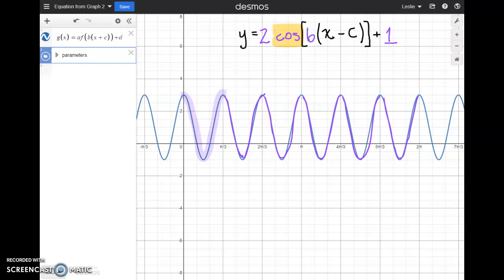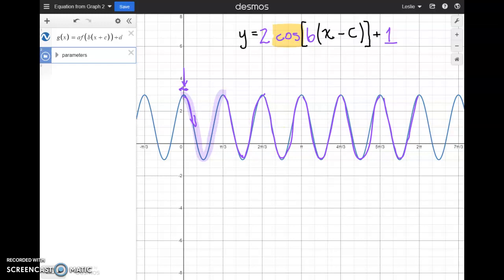And the C value is actually pretty easy in this case too, because looking at this graph, you can see that I have shifted to the right or to the left 0. I'm starting right at x equals 0 for my first cycle of cosine. When I ask you to do these, I'll give you A, B, and D values that are integers.